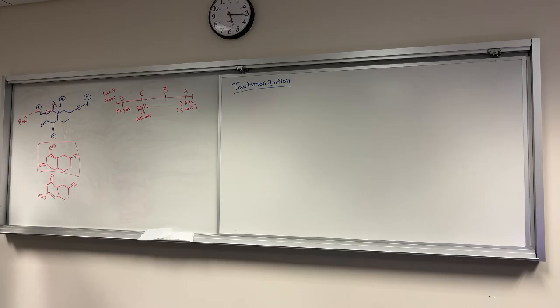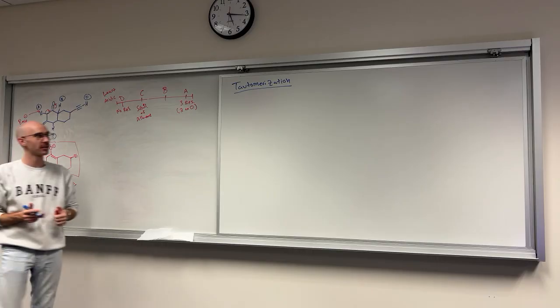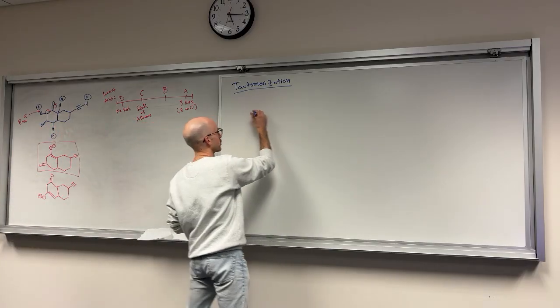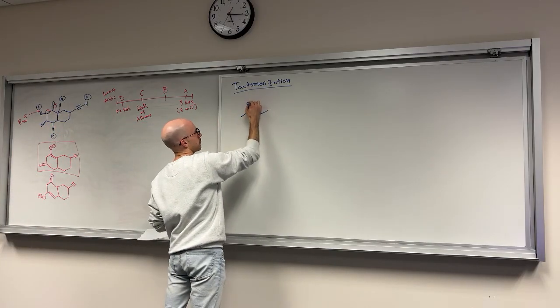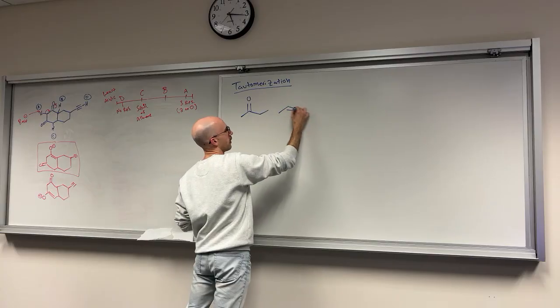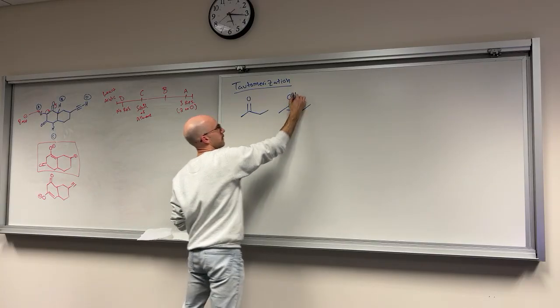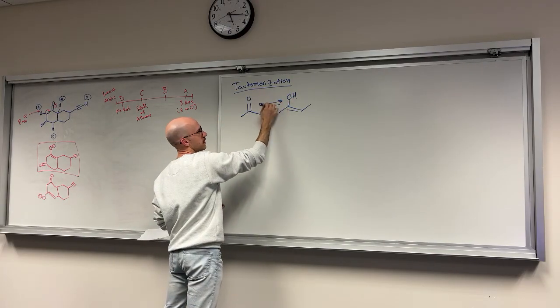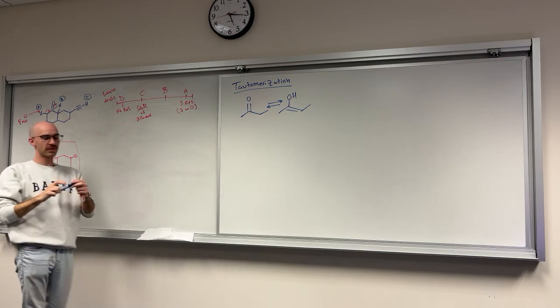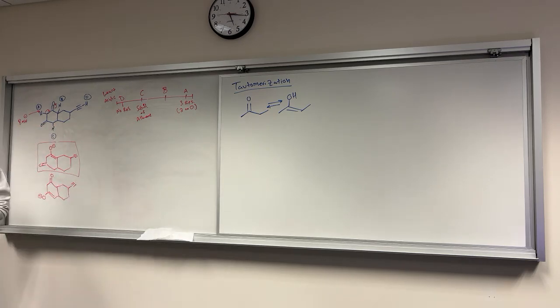Sorry. All right, tautomerization, the process of converting between tautomers. Tautomers are the ketone to the enol. These are related by equilibrium. These are not resonance forms. Resonance forms simply move pi electrons.